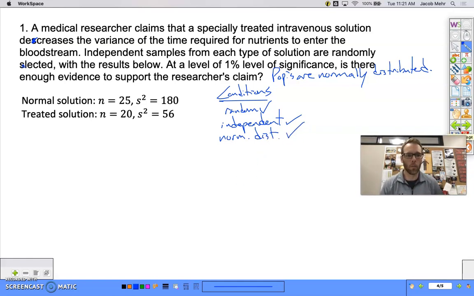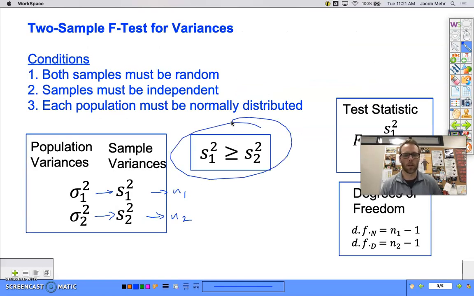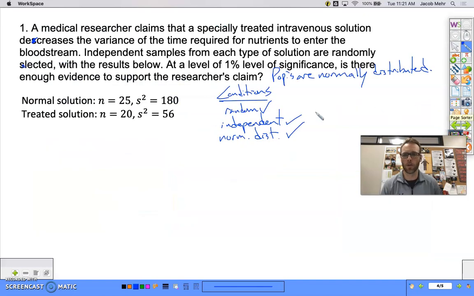Okay. Now, part of what we have to do here is we have to remember this piece, okay, that we need the larger sample variance to be our numerator. So notice I didn't have this labeled, okay, and as we take a look at the sample variances, this one is clearly larger, so we're going to call this our first population.